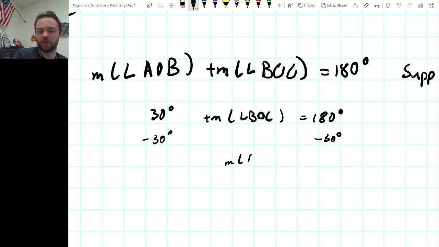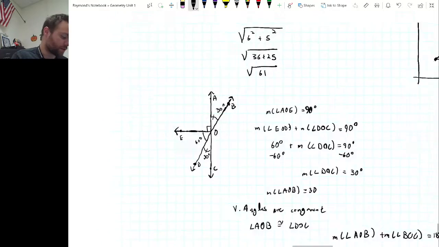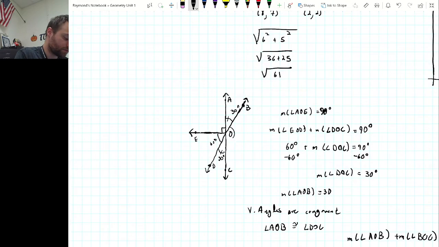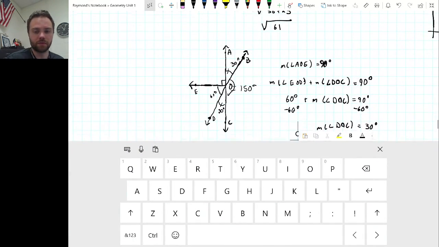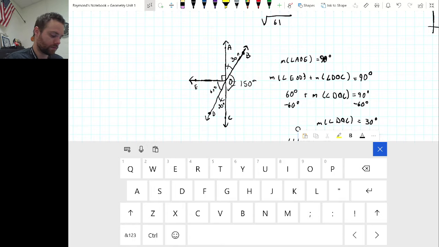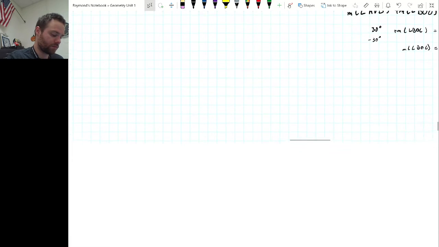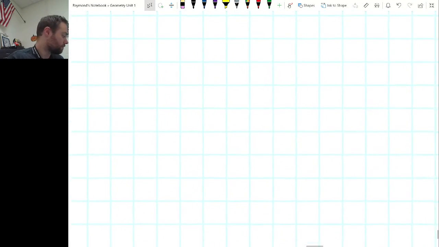And you get the measure of angle BOC is equal to 150 degrees. So this angle up here, 150 degrees. And we're done with all that. So let's do a few more.